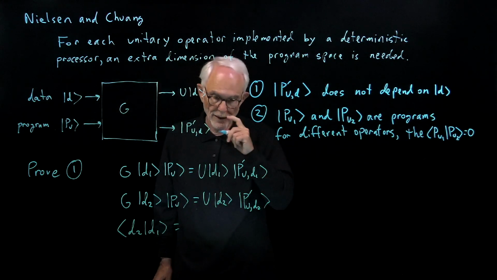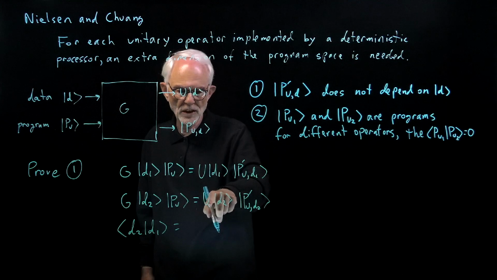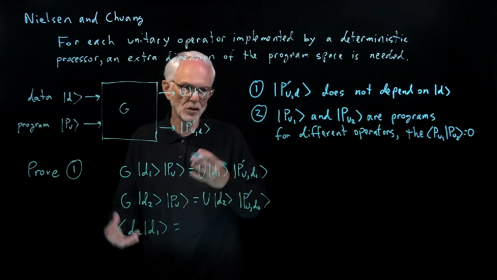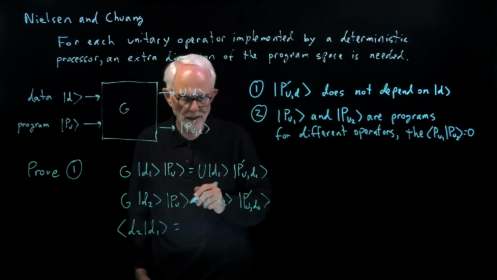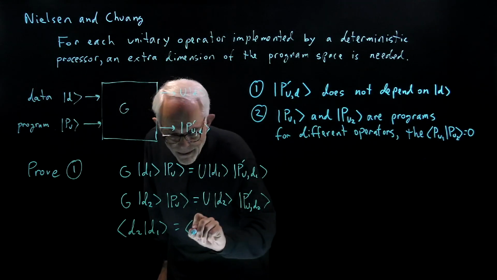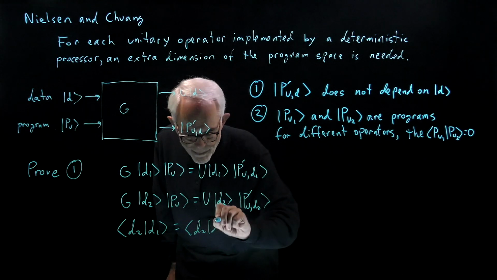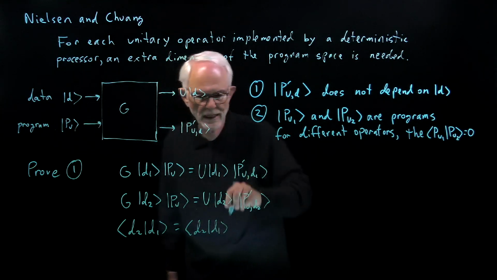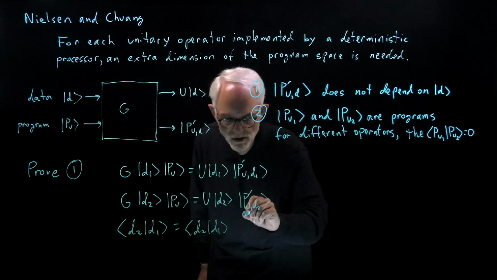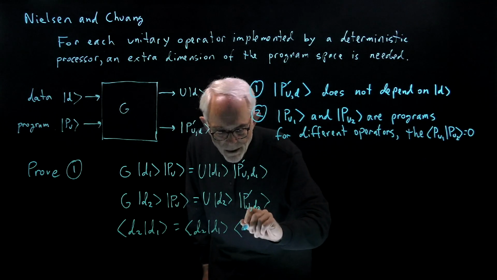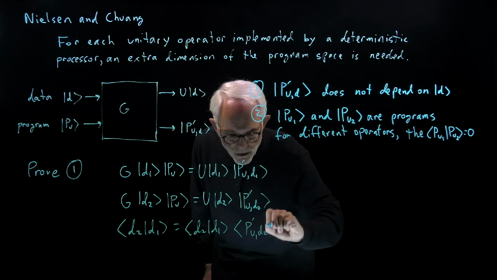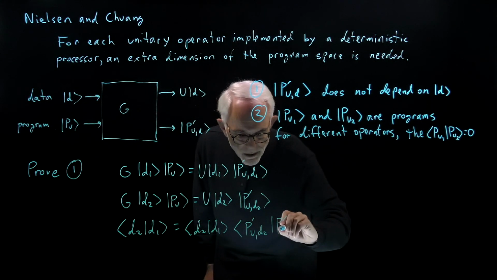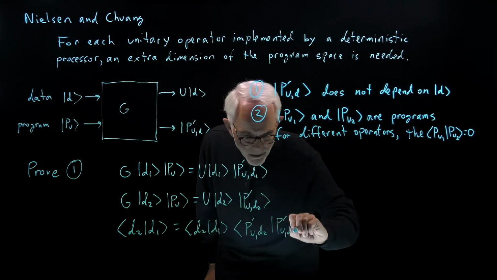On the right-hand side, I have U dagger U. Again, U is unitary, so U dagger U is equal to the identity. Then I will have the inner product of D2 with D1, and then the inner product between these two things: P prime U comma D2 with P prime U comma D1.